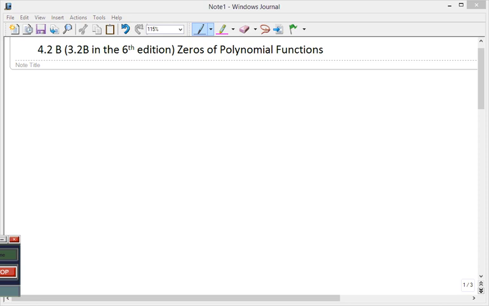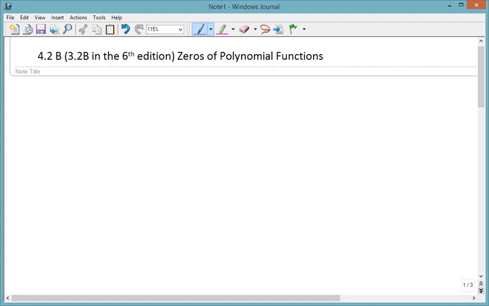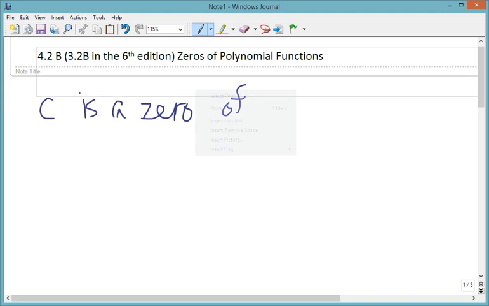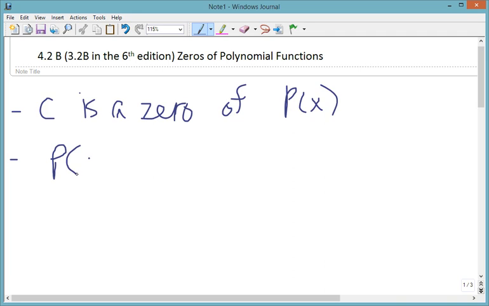So there really are like 4 ways to say this. If we know that C is a 0 of some polynomial, I'll call it P of x, that's our polynomial, that's the same thing as saying that if I plug in C, it would equal 0. So if I plug in the 0, that means my answer was 0.